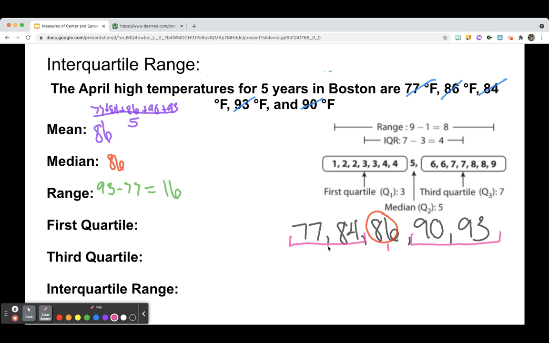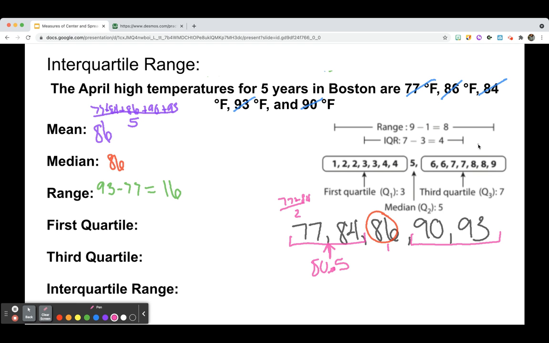Now I need to find the median of the two numbers here. If there were 3, that would be easy, but there's not. So we need to find the middle of 77 and 84. To do so, we add 77 plus 84 and divide that by 2. So our first quartile is 80.5. Again, I added those two and divided by 2 to find the middle.